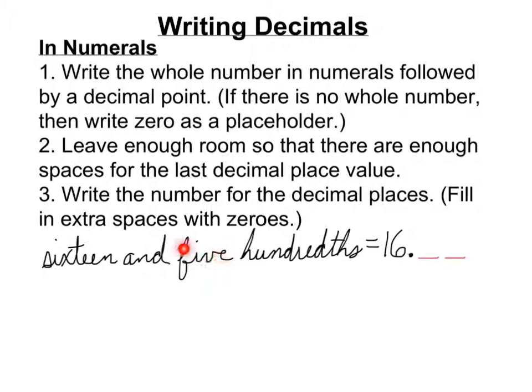So my decimal number is 5, so I'm going to come over here and put the 5 right there. Make sure you put it all the way in at the end, because if you put it here instead, then when I fill in the extra spaces with zeros, that's going to end up being a 50 instead of a 5. So let's slide that back over there, and then, as we kind of alluded to here, we're going to fill the extra spaces with zeros, and so my number is 16.05.